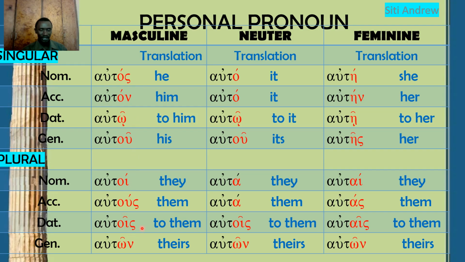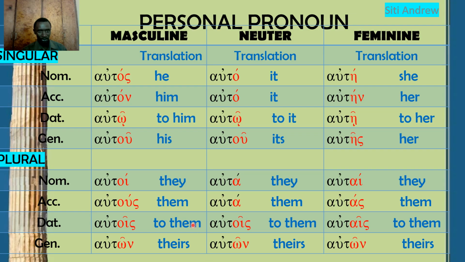So what you need to mind here is mostly the translation. Autos is he, auton is translated as him, auto is translated as to him, autu is translated as his, autoi is translated as they, autus is translated as them, autois is translated as to them, and auton is translated as theirs.